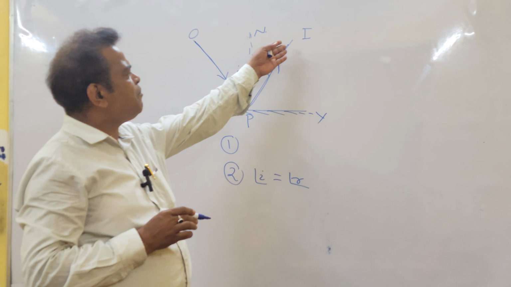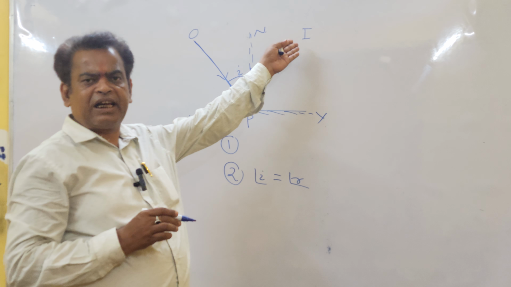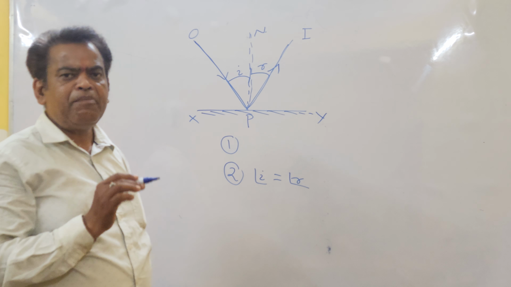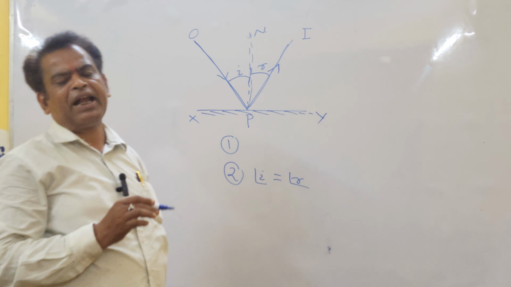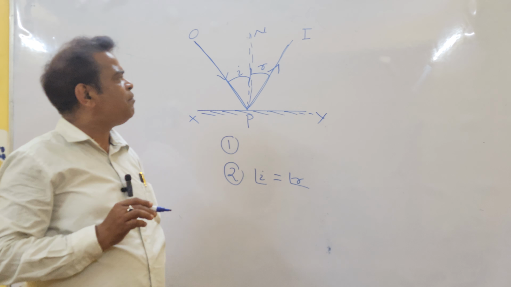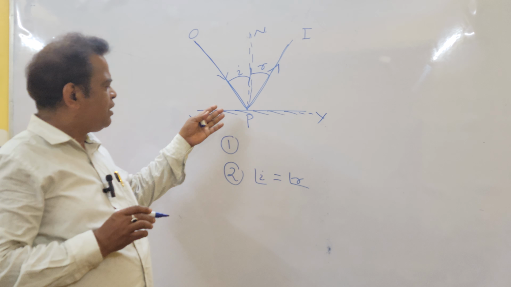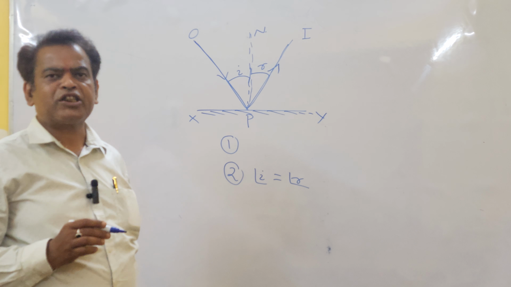If the image can be observed on a screen, then it is a real image. But if the image only appears to be produced at a given point, then it is a virtual image.